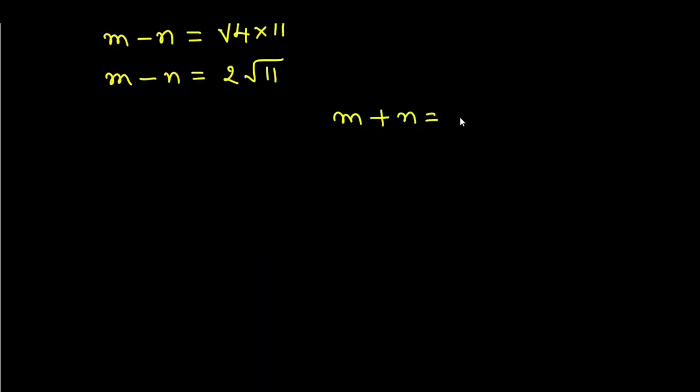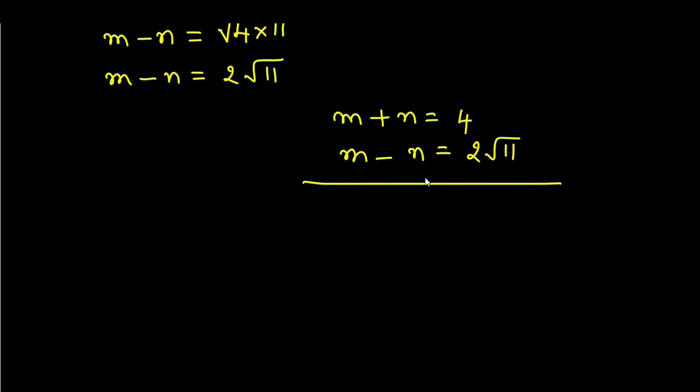m plus n is 4 and m minus n is 2 into root 11. Now using these two equations, let us find m and n. If we add these two equations, we can eliminate n. Here we have plus n and minus n.